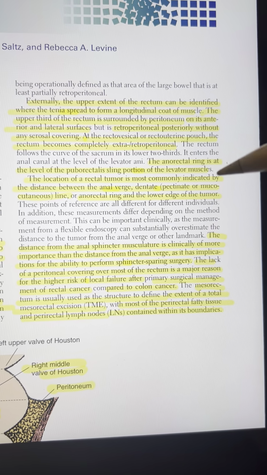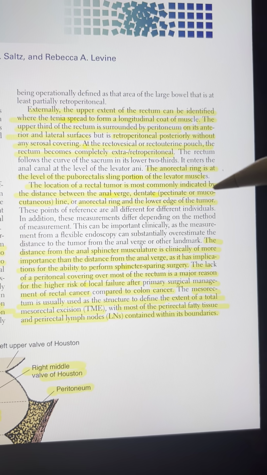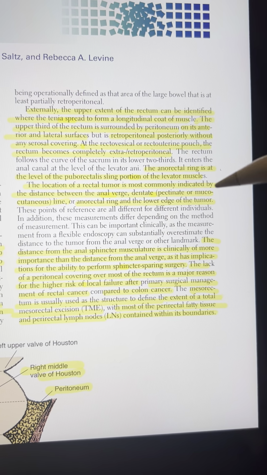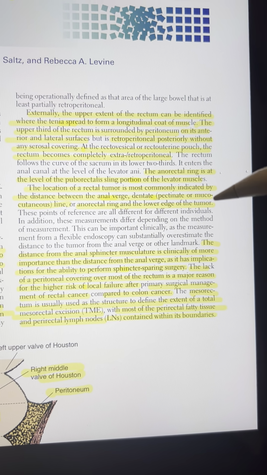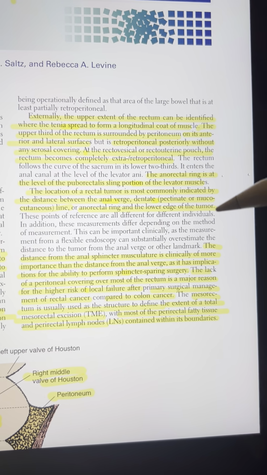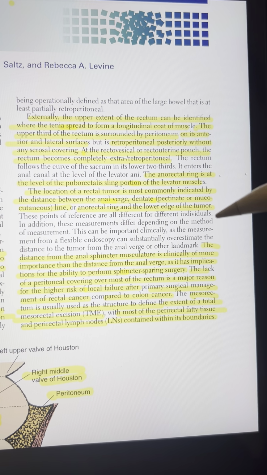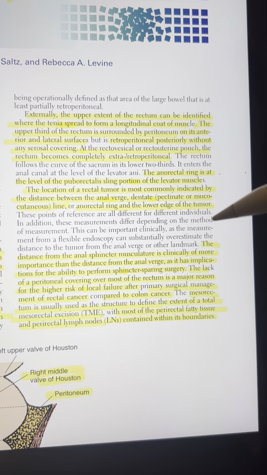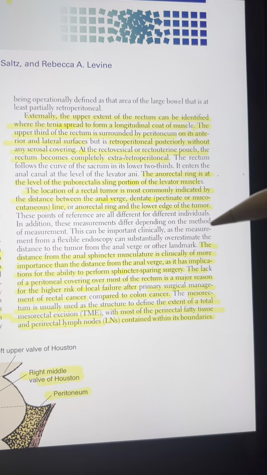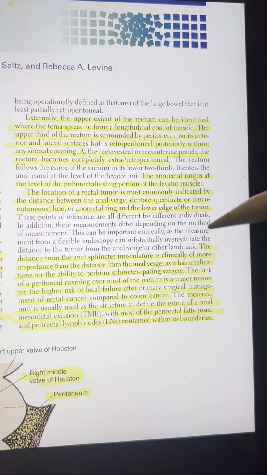The sling portion of the levator muscle, and the location of the rectal tumor is most commonly indicated by the distance between the anal verge, dentate line, that is the pectinate or mucocutaneous line, and anorectal ring, and the lower edge of the tumor. These points of reference are different for different individuals. In addition, these measurements differ depending on the method of measurement.